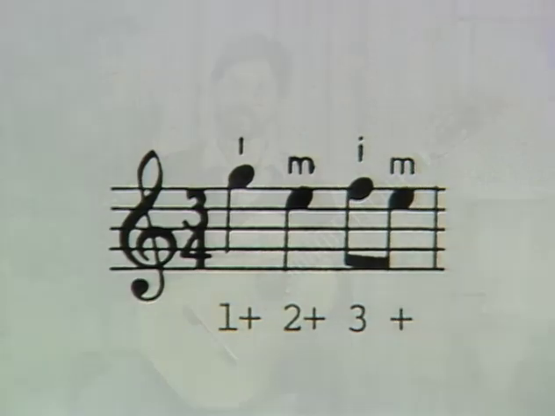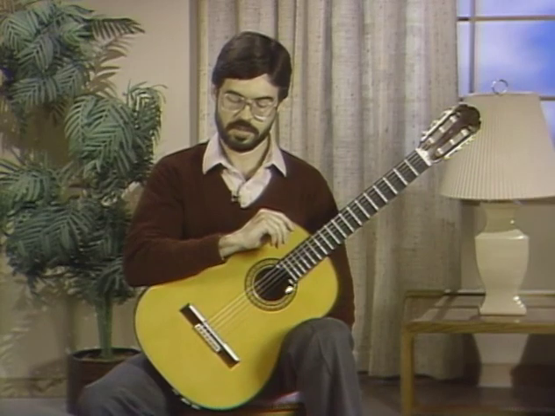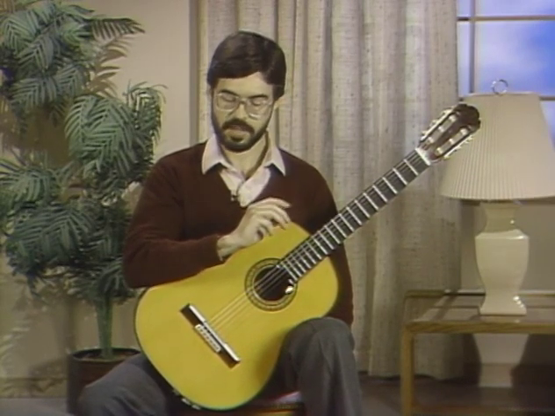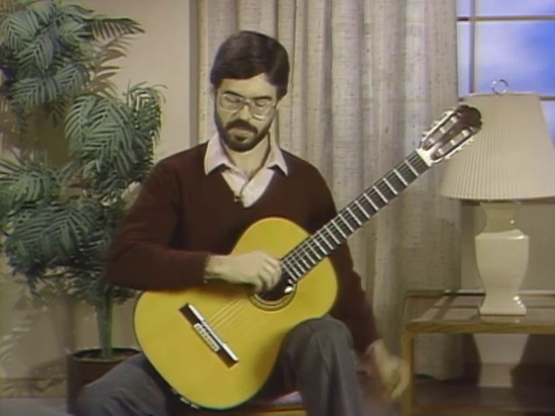Again, I'll count out loud for you so you can follow the count, but I'll just count out loud the first time. The second time, I'll count the beats, but I won't actually count the ands, and see if you can get it.